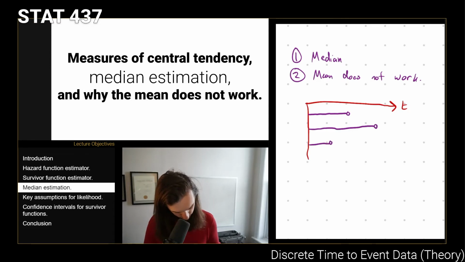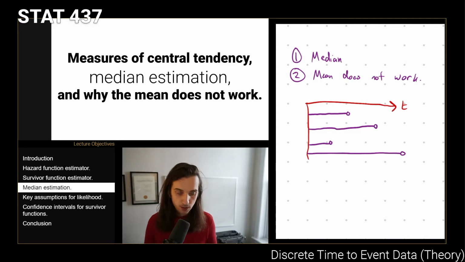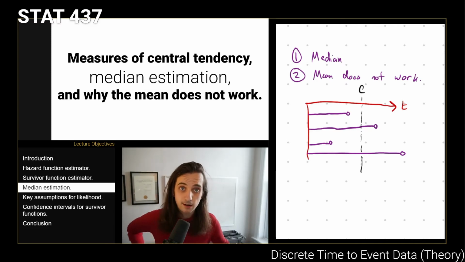Some of them are observed for a short period of time. Some of them are observed for a long period of time, whatever. Right? Now, some of these people are going to be censored. Some of them are going to be observed with the event. And so, for the sake of this example, let's just assume that we're censoring at this point here. Okay, and it's just a fixed censoring time.